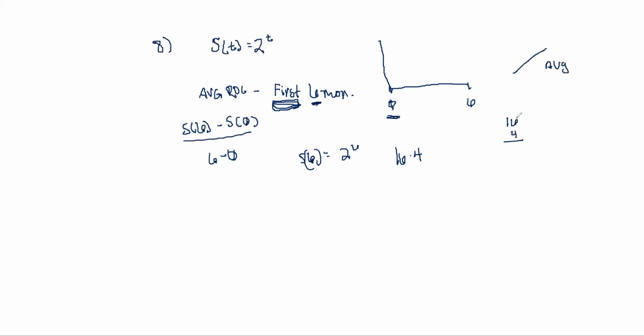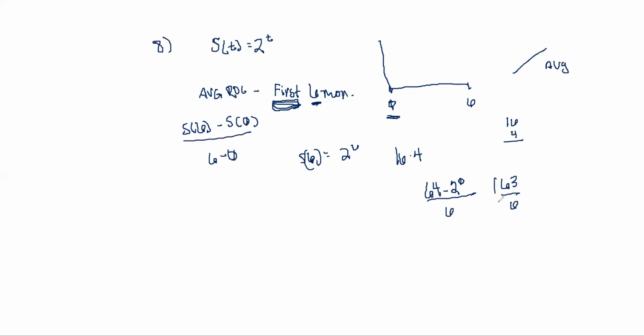I should know this. 64. 64, okay. Minus S of 0, which is 2 to the 0. Yes, all over 6. So 63 over 6.